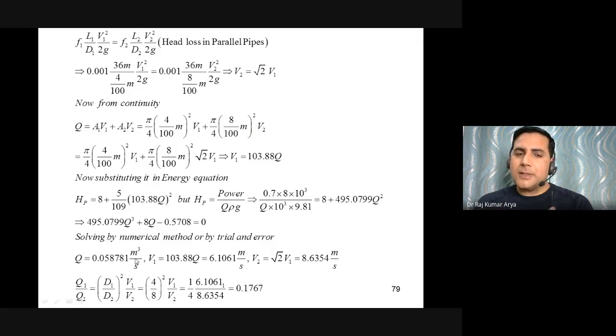In your calculator, you have some inbuilt functions also, which may find this root, the cubic equation. If not, to find the root there are some methods taught to you in your mathematics and numerical methods.